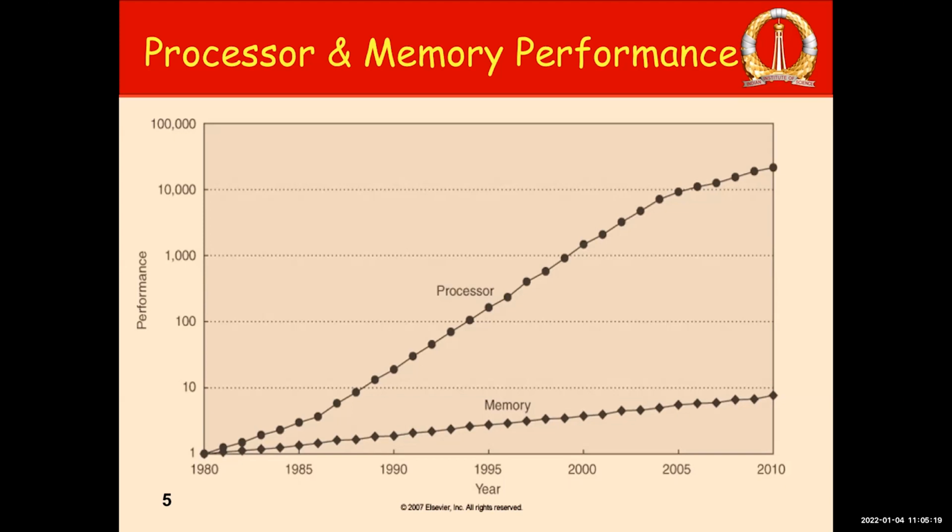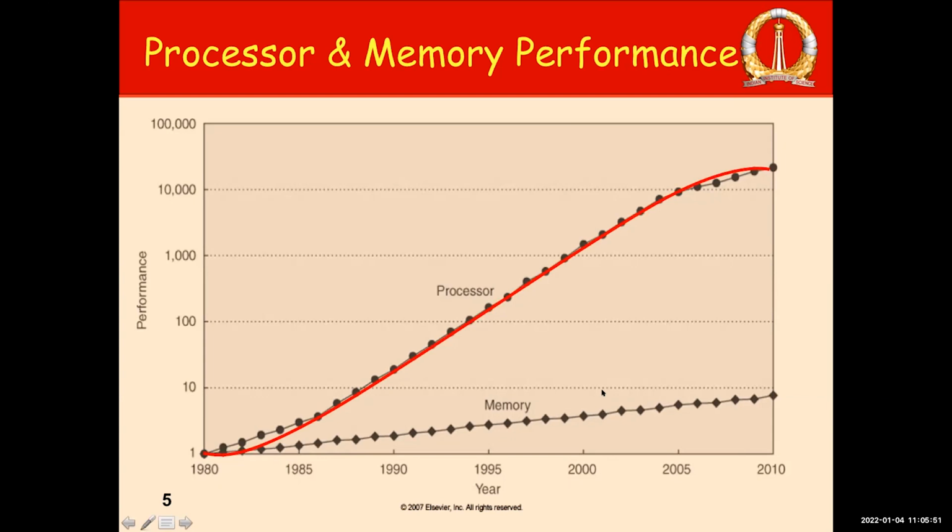Why are we talking about memory hierarchy and why is it important? We already saw, or sorry, we didn't see, but you all would know about Moore's law, which essentially talks about the number of transistors increasing in a chip, and therefore, there is a corresponding improvement in processor performance, which is doubling every 18 months. So the top curve really shows the processor performance improving, whereas the bottom curve shows how the memory performance has improved over the years.